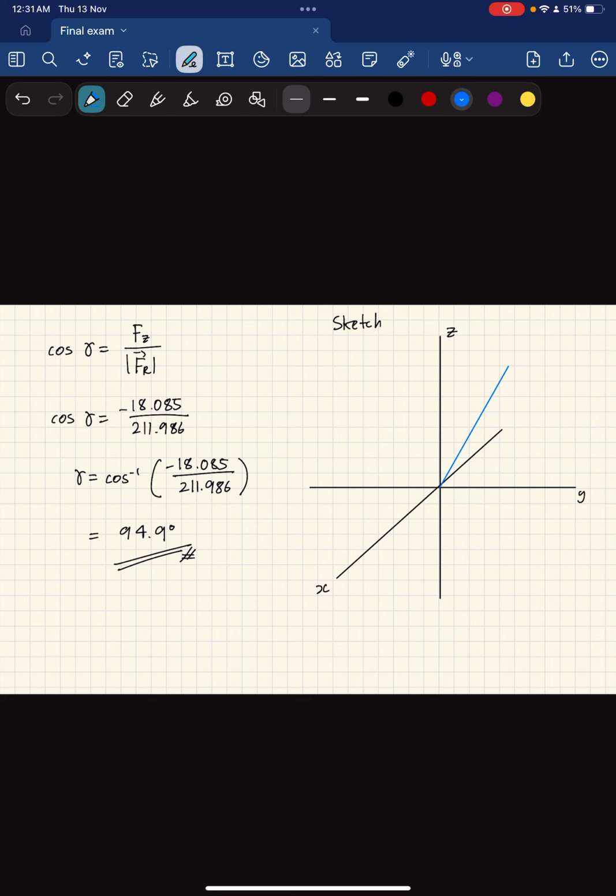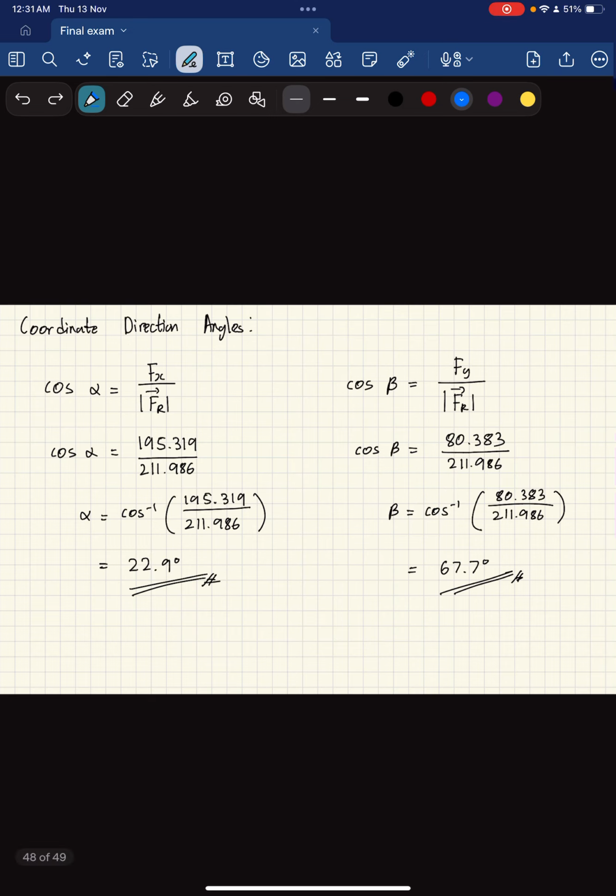You also have to make sure the angle that you're drawing makes sense.